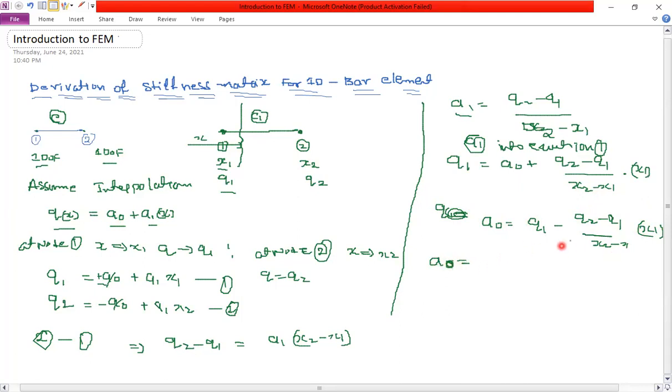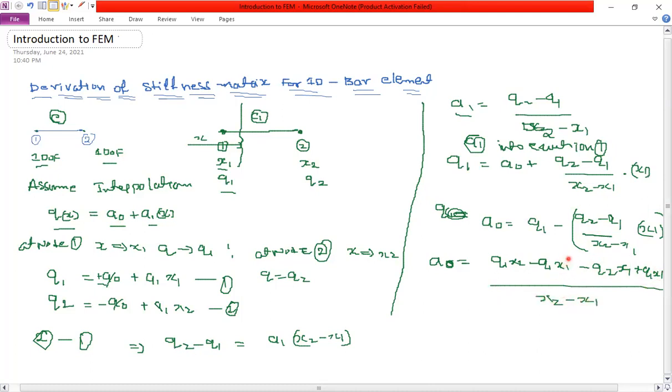Here a naught can be written from the above equation. You take the LCM, therefore q1 times x2 minus q1 times x1. Then minus into plus becomes q2, and q2 you have to multiply with x1, therefore q2 x1, plus q1 x1, divided by x2 minus x1.